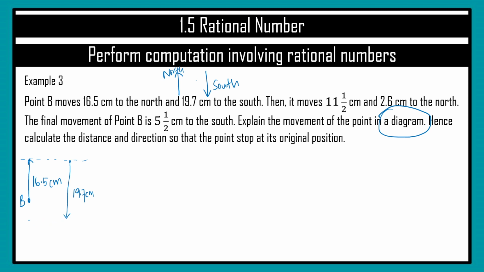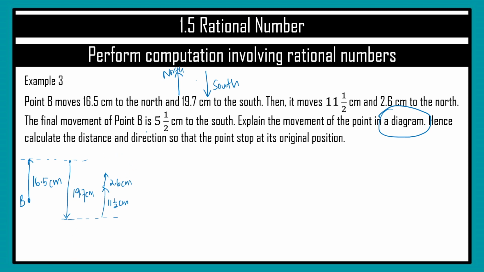Right, I'm going to draw another parallel line again since it's going to move to the north. This time it's going to move to the north first at 11.5 centimeter, and then it moves north again at 2.6 centimeter.